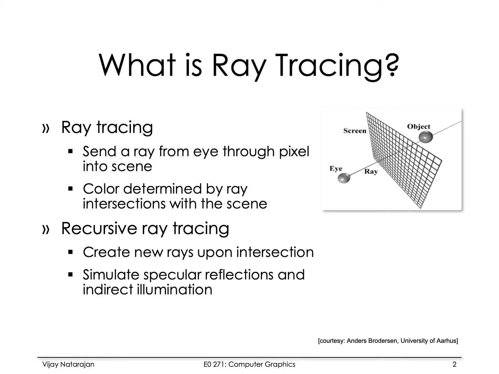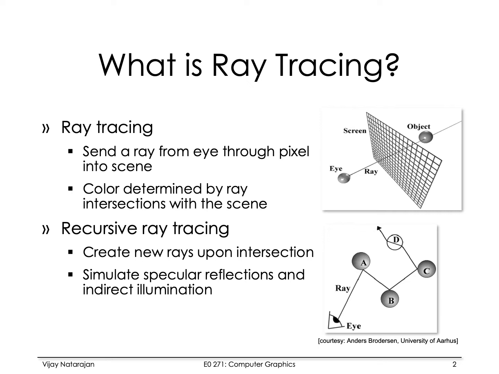So what we would essentially need is a recursive form of ray tracing where new rays are generated after they intersect objects within the scene. These new rays are either reflected rays or refracted rays. This recursive ray tracing is able to simulate specular reflections and indirect illumination in addition to features like shadows.